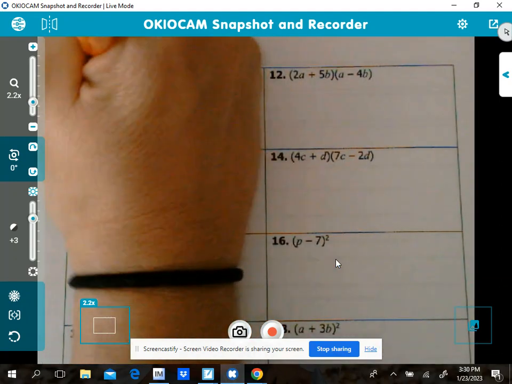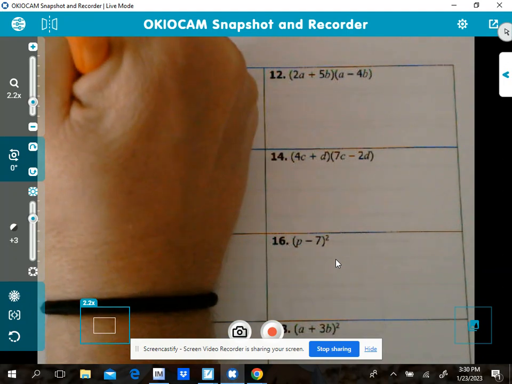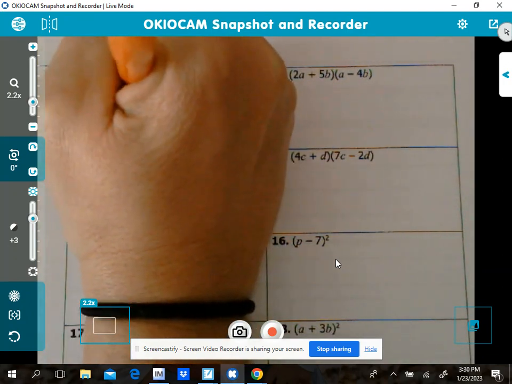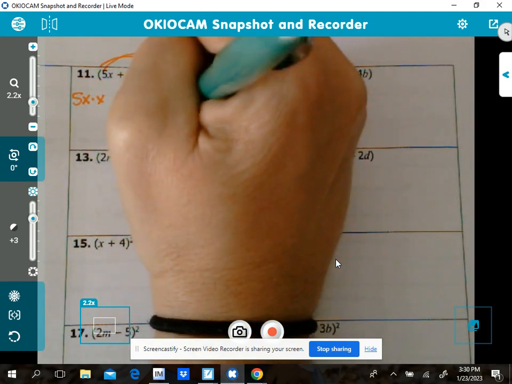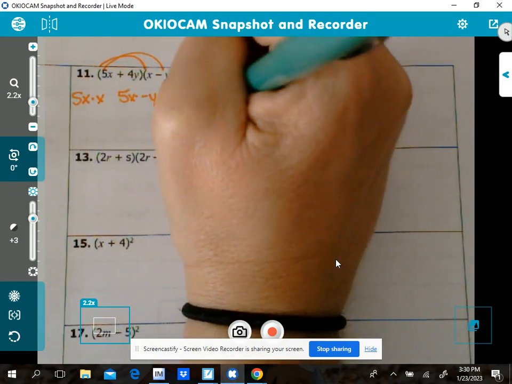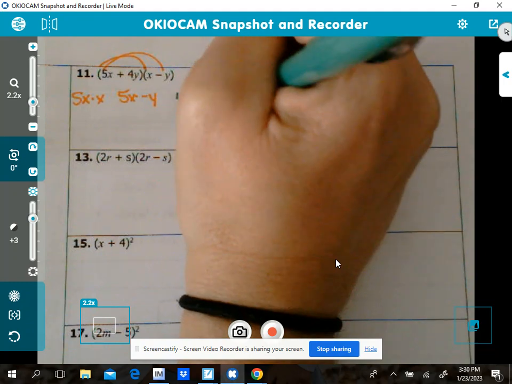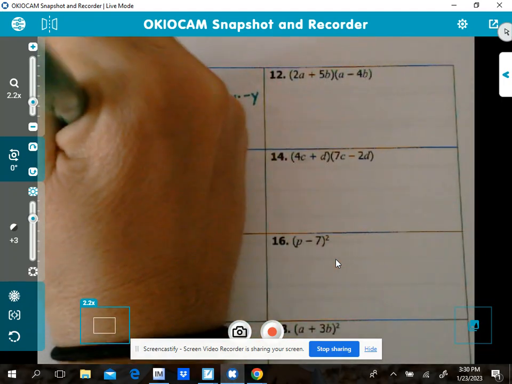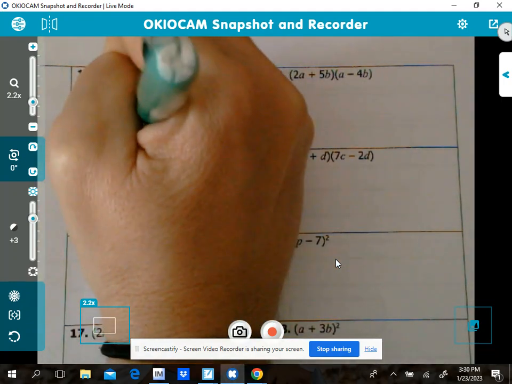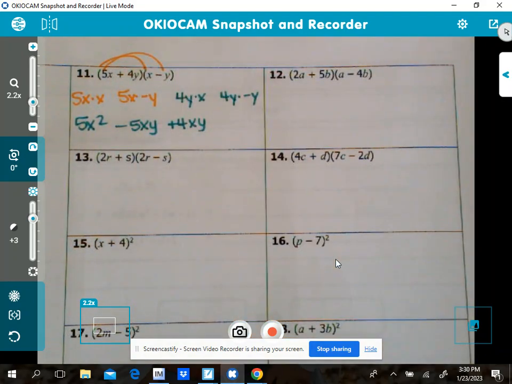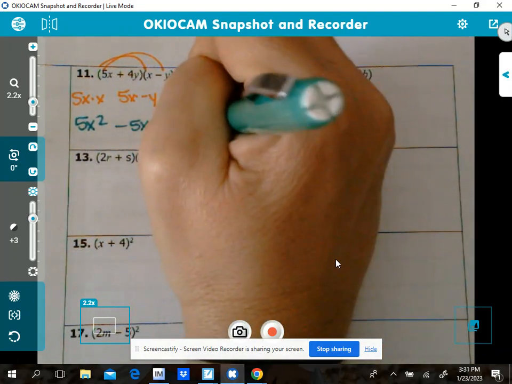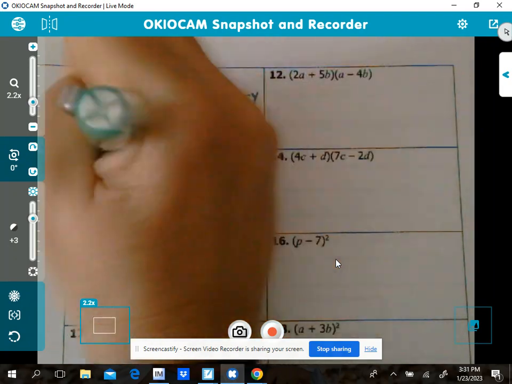Okay, so distributive property here, so it's going to be 5x times x, and then 5x times negative y, and then 4y times x, and 4y times negative y. So that gives me 5x squared minus 5xy plus 4xy, and yx are the same, so I'm going to write them the same, okay, minus 4y squared.